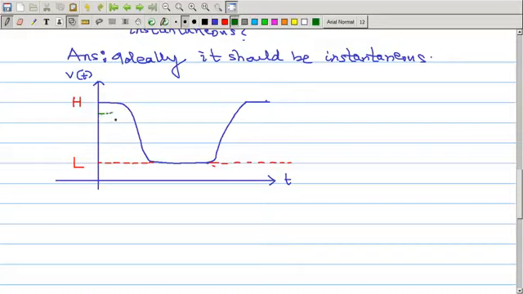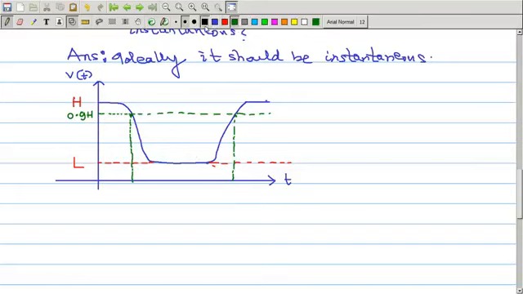So this is the position of 0.9 times capital H, and for L I need to find the position. I drop down a vertical line over here, and I drop down a vertical line over here also.